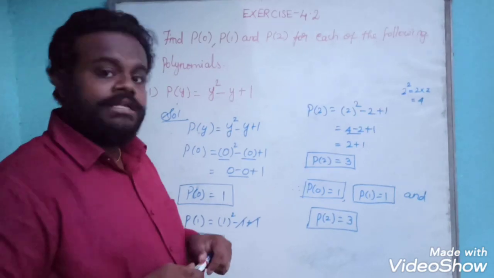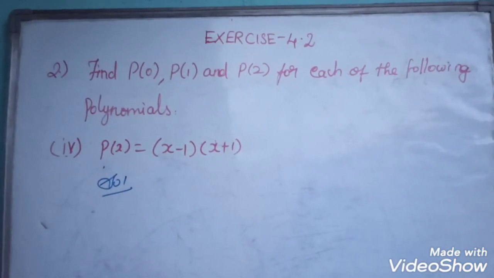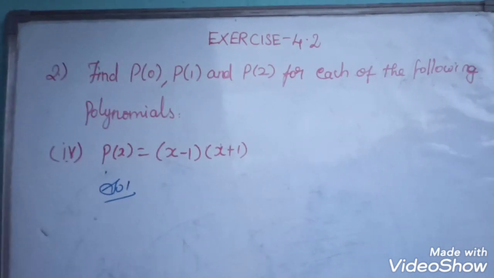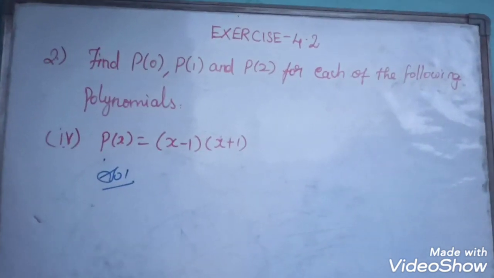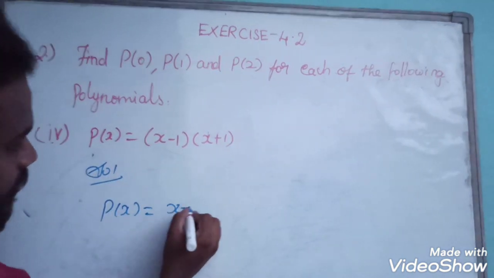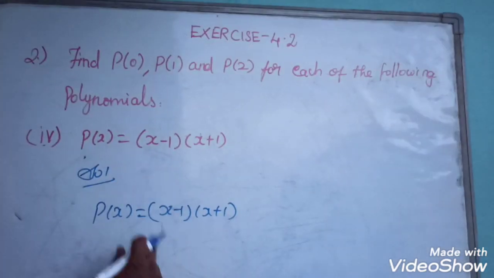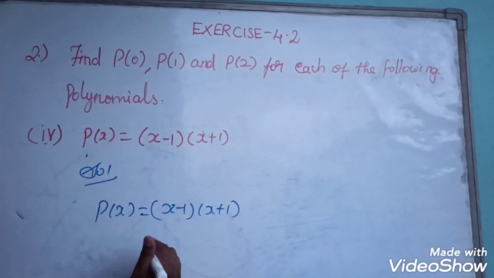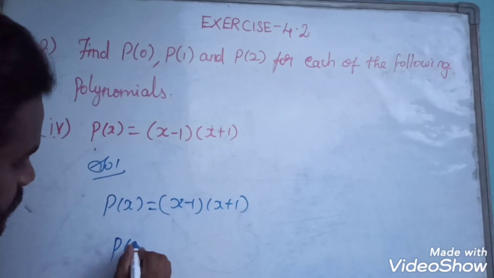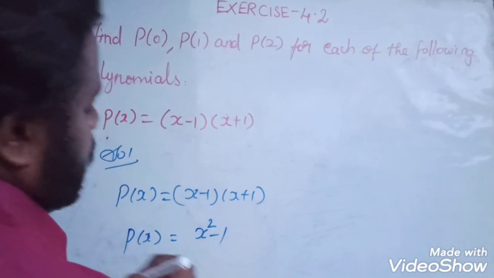Next we move on to the next question. Here, this fourth question: p of x equal to x minus 1 into x plus 1. As usual, from the last question onwards we have to find the 3 values. So p of x equal to x minus 1 and x plus 1. Here I have to use the identity a plus b into a minus b. So I change this into a square minus b square, that is x square minus 1.